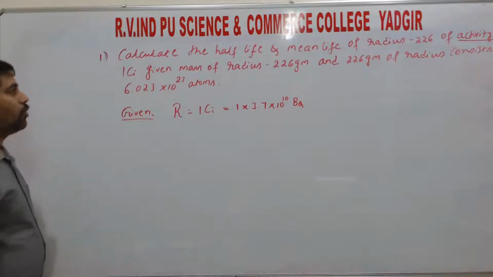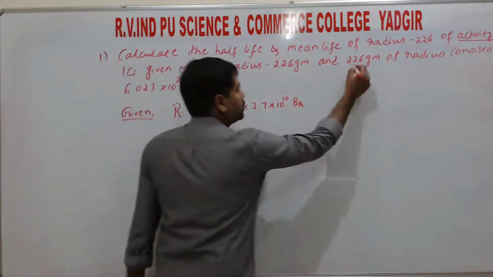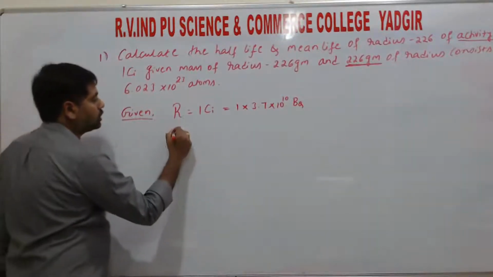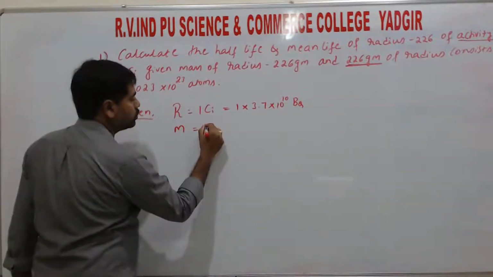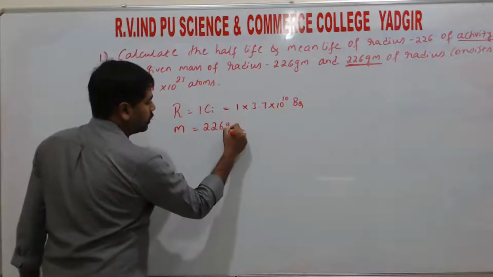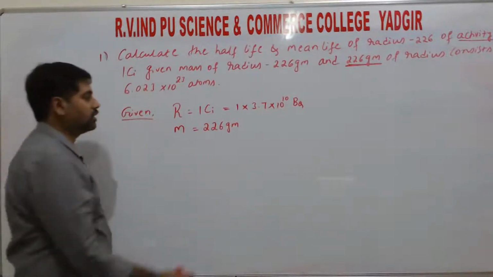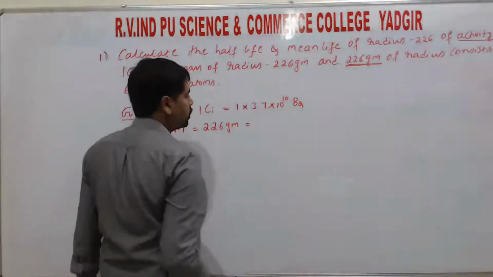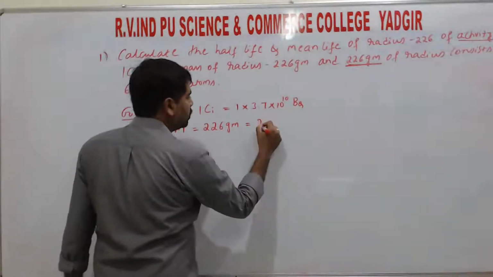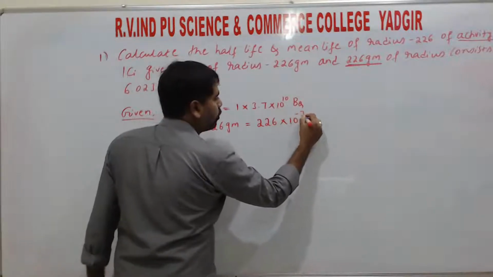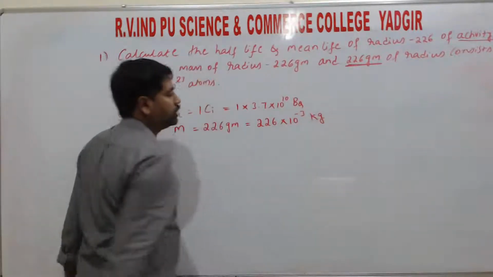So the given mass of the radium is how much? That is 226 grams, right? So mass is equal to 226 gram. Here we need to convert from gram to kg, right? So 1 gram is equal to 10 to the power of minus 3 kg. So it becomes 226 into 10 to the power of minus 3 kg.